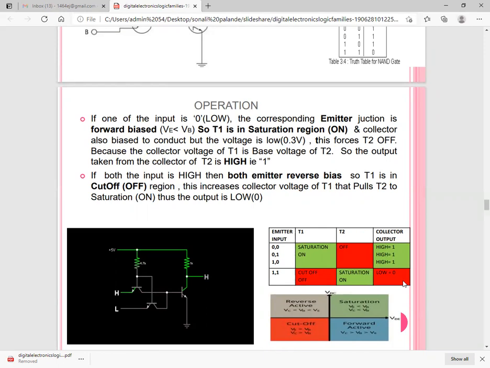So the output taken from the collector of T2 is high, that is 1. If both the inputs are high, then both emitters are reverse biased. So T1 is in cutoff, that is off region. This increases the collector voltage of T1, which pulls T2 to saturation, that is on. Thus the output is low, that is 0.